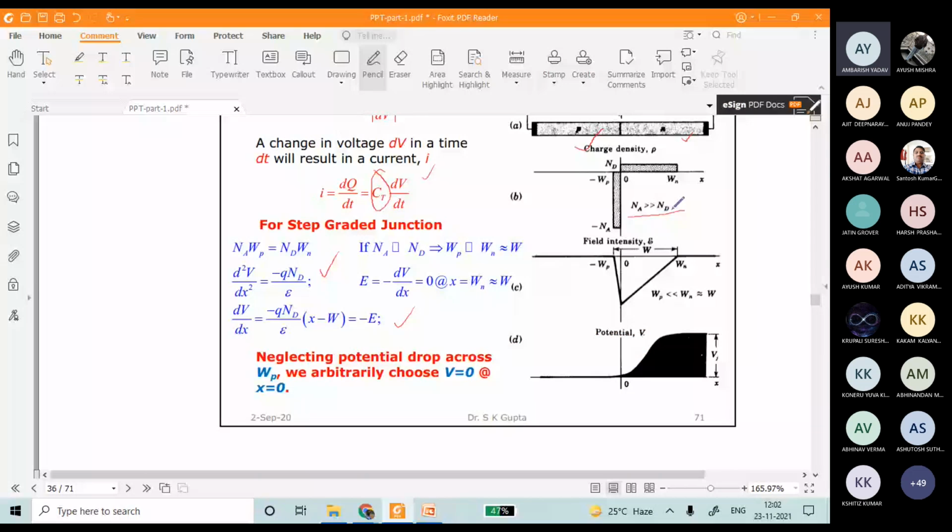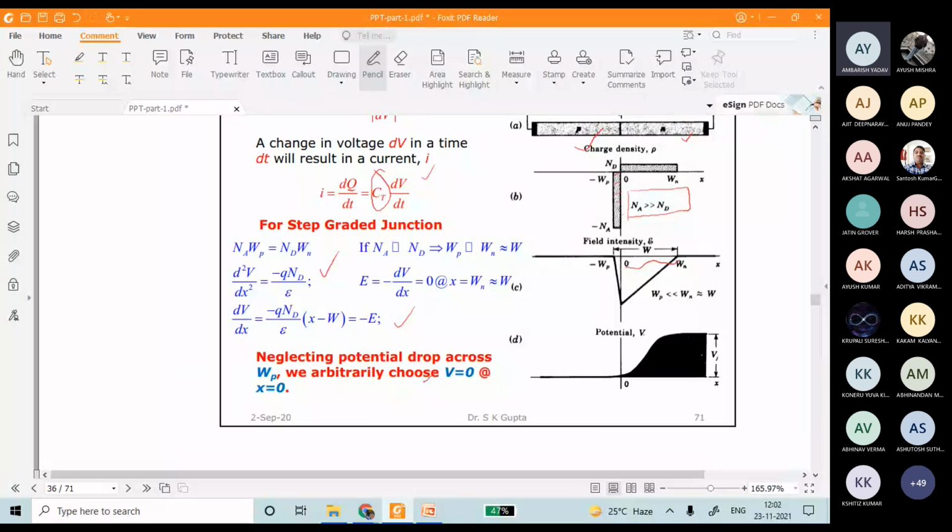So the net effect of this is that the full depletion region happens to be on the N side, and there is negligible depletion region on the P side. So W is mostly due to the penetration of the depletion region in the N region, and the boundary conditions are chosen as given here.